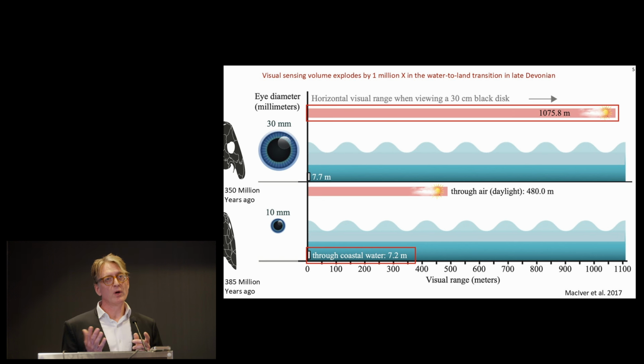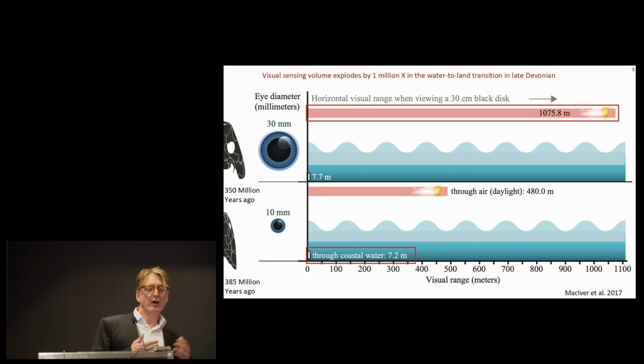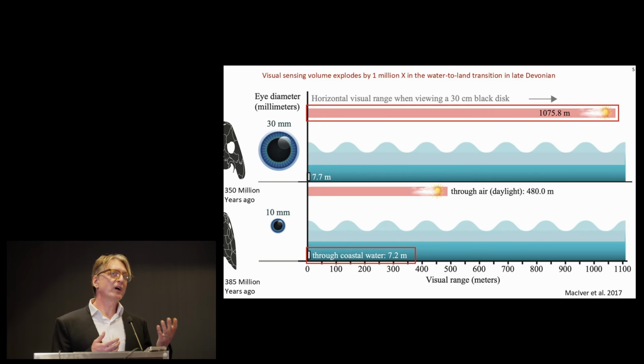So I got very curious what happened to visual systems at the water to land transition 380 million years ago. Myself and a paleontologist, Lars Schmitz, went back and did a lot of measurements from fossils and uncovered that there was a tripling of eye size at the water to land transition. And why didn't it happen before the transition?